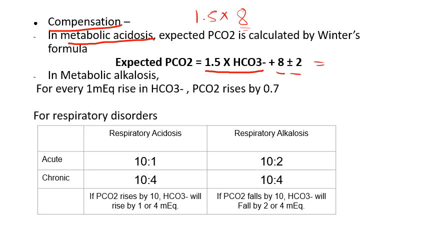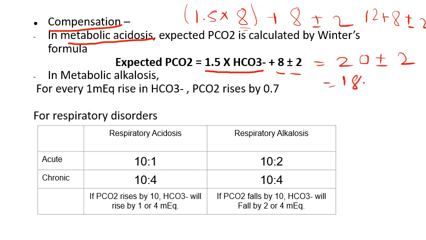Bicarb of 8 means that's a severe metabolic acidosis. So 1.5 times 8 is 12, plus 8, plus minus 2. So it gives us a value of 20 plus minus 2, that is 18 to 22. So this gives us the expected PCO2 range.